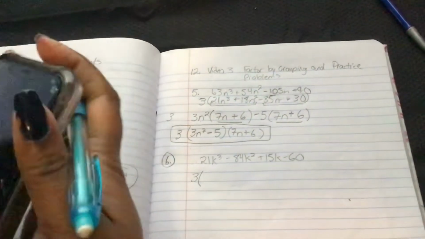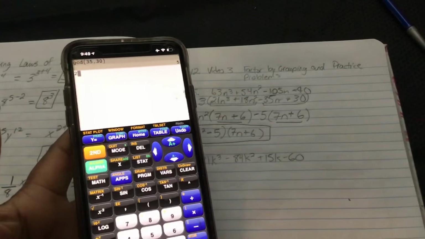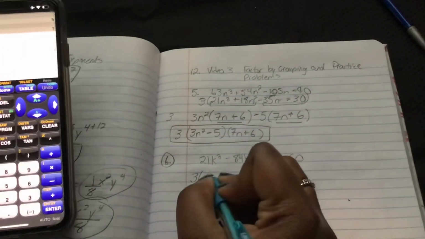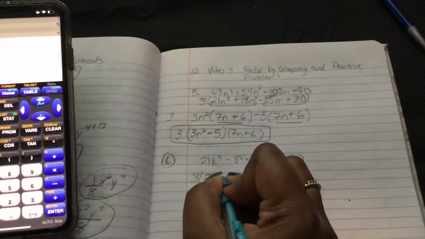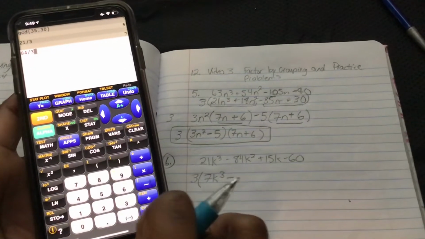So when I divide, remember, we know this by heart, but you can divide just to make sure. 21 divided by 3 is no harm in it. And that gives us, of course, 7k to the third. 84 divided by 3.